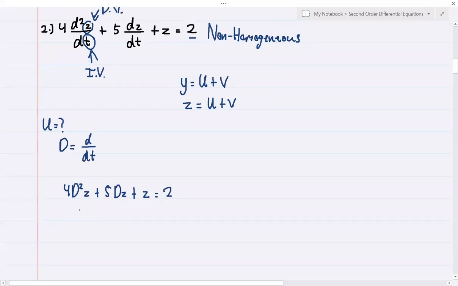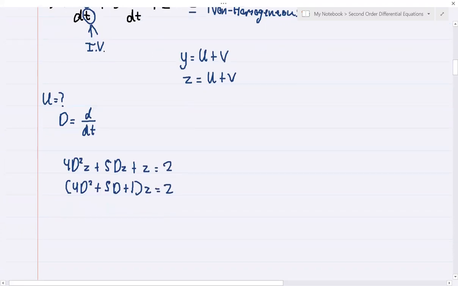Now, just like what we did in the previous problem, we will factor out z in this expression. So we will have 4d squared plus 5d plus 1 times z is equal to 2. Remember, this is your d operator form.